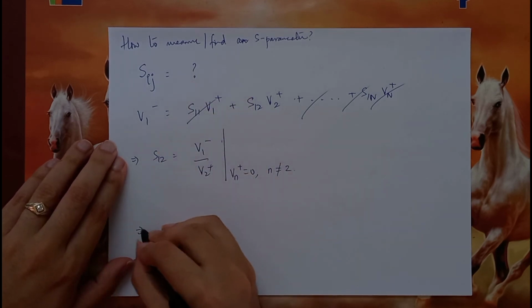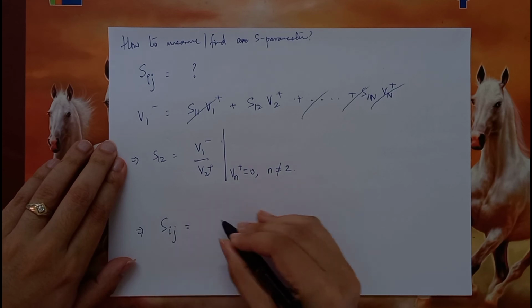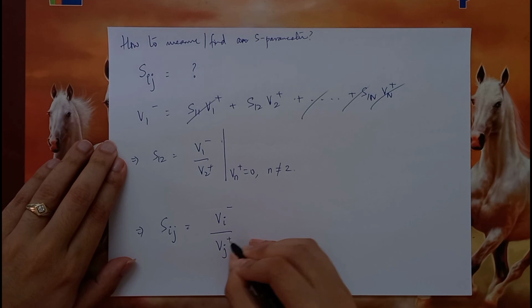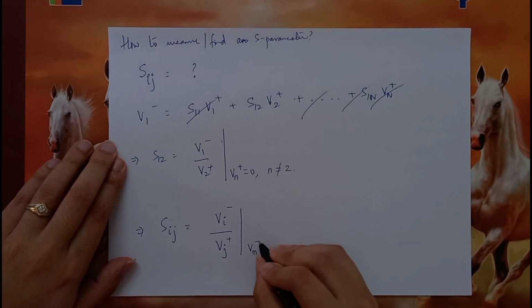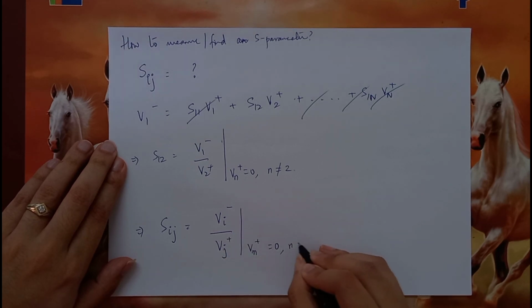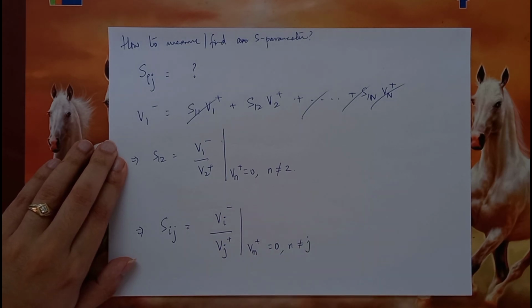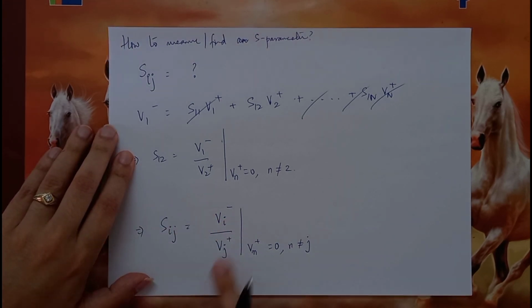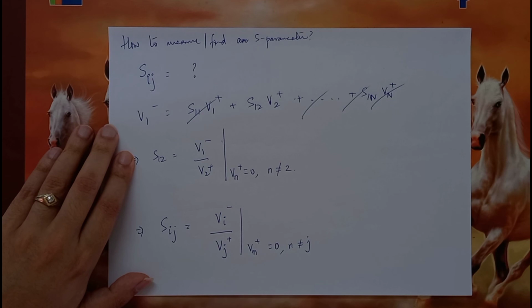Likewise, any Sij parameter can be found as Vi minus divided by Vj plus, where Vn plus has to be 0 for n not equal to j. So effectively it is a ratio of the outgoing wave at the ith port divided by the entering wave at the jth port, right?